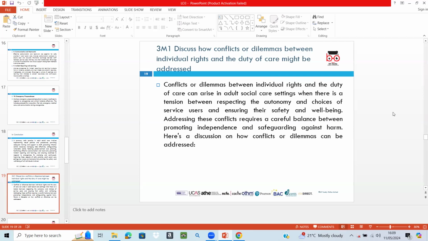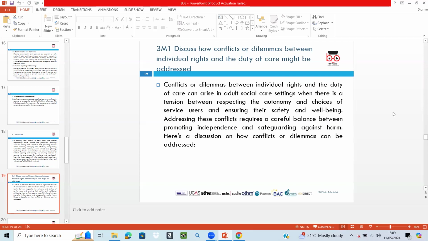Conducting a thorough risk assessment to identify potential hazards and implementing appropriate control measures can help in managing conflicts between individual rights and duty of care. By proactively addressing risk and discussing alternative options with the service user, potential conflicts can be resolved while prioritizing safety.